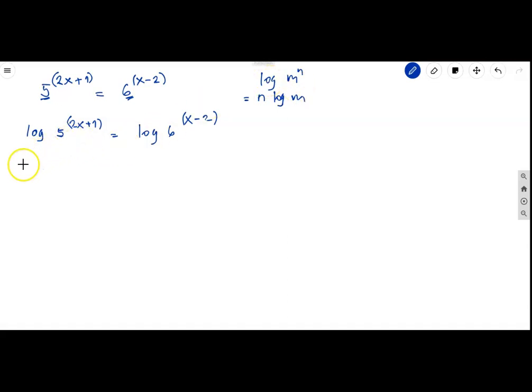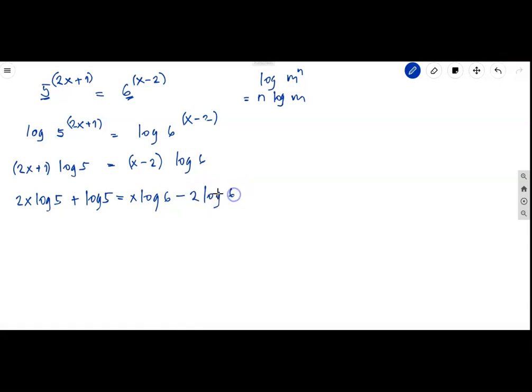you will have 2x plus 1 times log 5 equals x minus 2 times log 6. Next, we distribute the logarithm values. So you have 2x log 5 plus log 5 equals x log 6 minus 2 log 6.